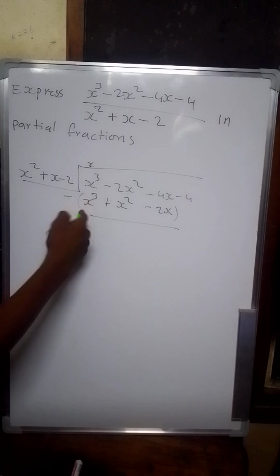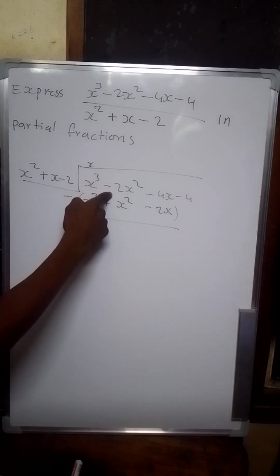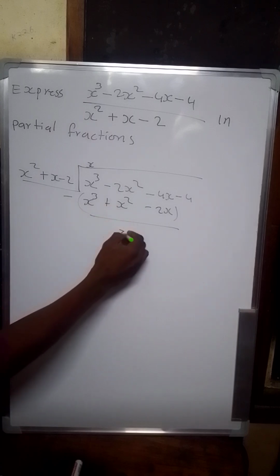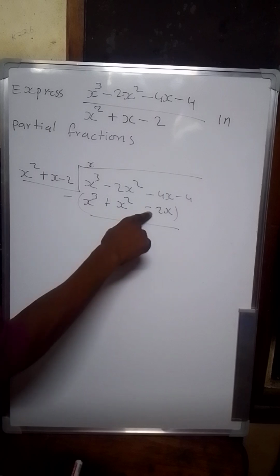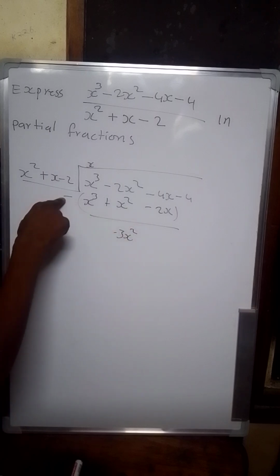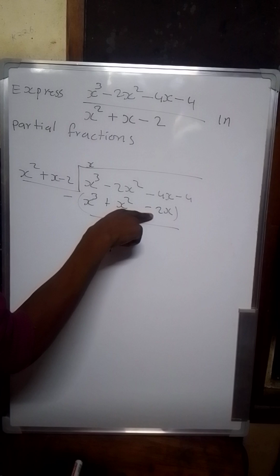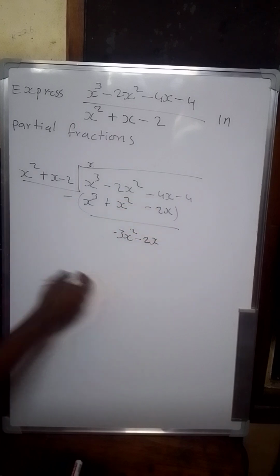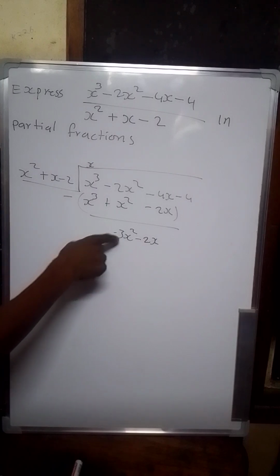When we subtract, this will give us 0, and this is negative, so negative and negative will add, so that means this is negative 3x squared. And this is positive because negative multiplied by negative is positive, and then positive and negative subtract, so this gives us negative 2x. From this again we can see that this is divisible, so we can still divide this.